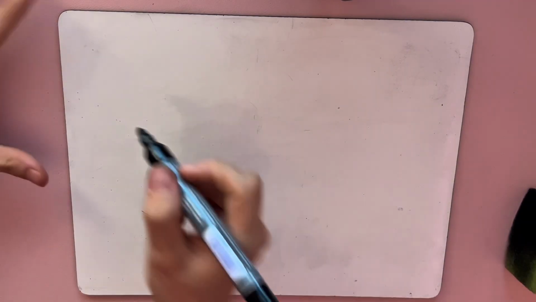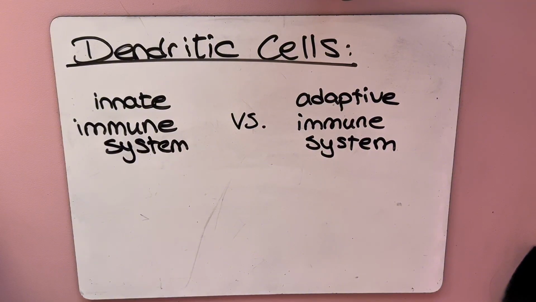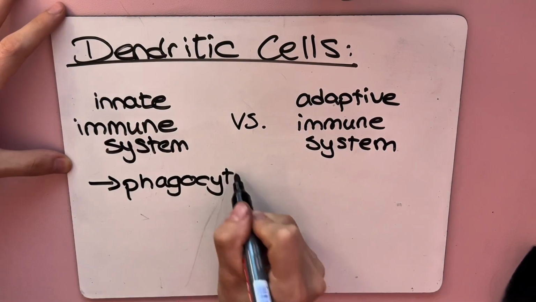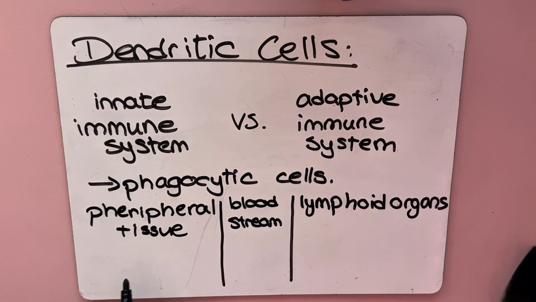Next one would be the dendritic cells. These cells act as the messengers between the innate and adaptive immune systems. Dendritic cells reside in tissues and also perform phagocytosis, capturing bacteria and viruses and digesting them. So dendritic cells start out in peripheral tissue. This is tissue located away from the central body, and these are not directly involved in the primary function of an organ system.